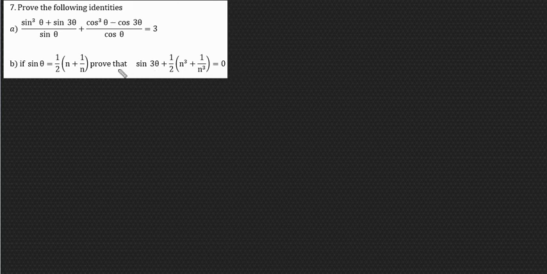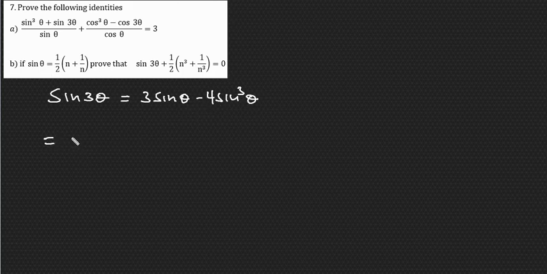So what we are going to do, when you look at this, sine theta is equal to this, and you have a sine 3 theta, you need to recall that sine 3 theta is equal to 3 sine theta minus 4 sine cubed theta. So remember our sine theta is given here, so we are going to replace it here.